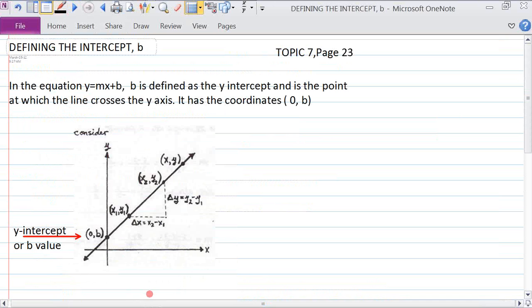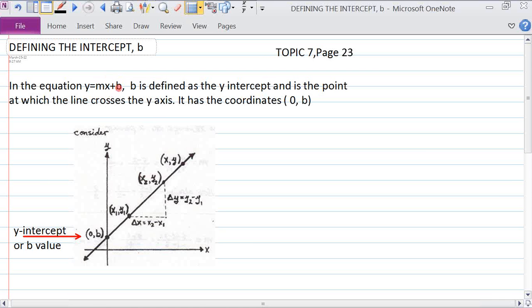One characteristic of a straight line can be where the line crosses the y-axis. Here is the y-axis, and at this point right here, x is 0. We're going to identify the point at which it crosses the y-axis as b. In the first part, we showed how m is calculated.